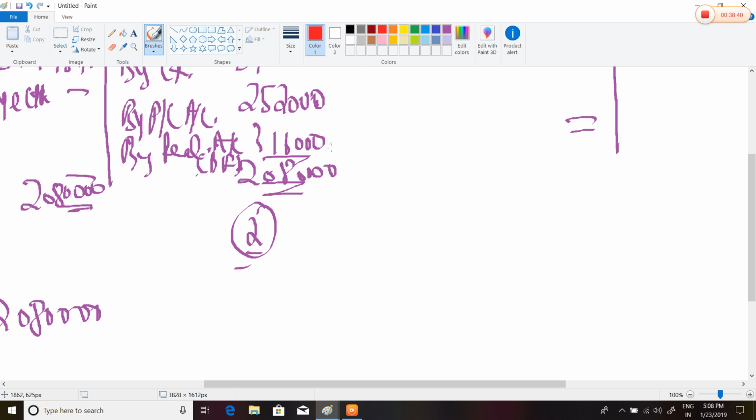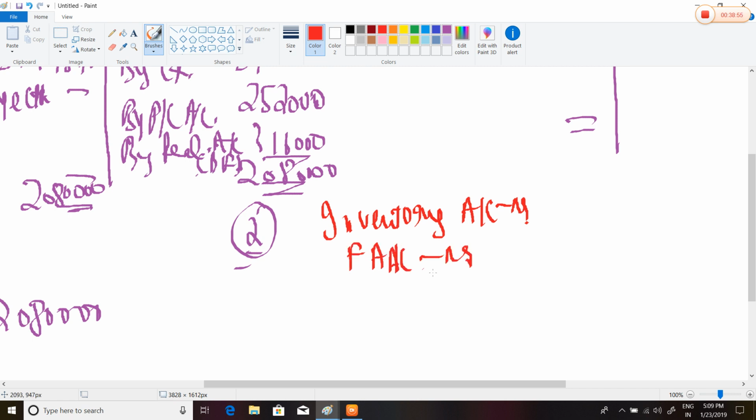See, the entry would be: inventory account debited, fixed assets account debited, bills receivable account debited, to business purchase account.